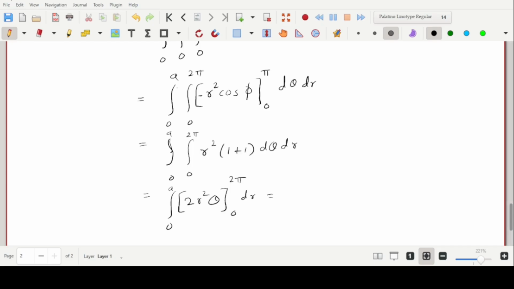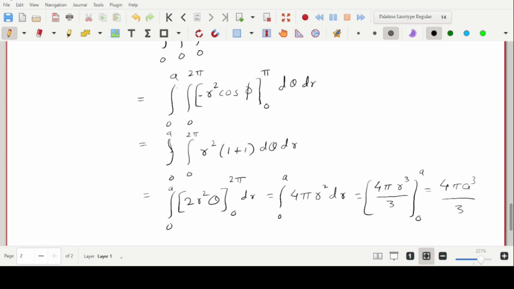which is equal to integral of 0 to a, 4 pi r square dr, and this is 4 pi r cube over 3 from 0 to a, which is 4 pi a cube over 3.